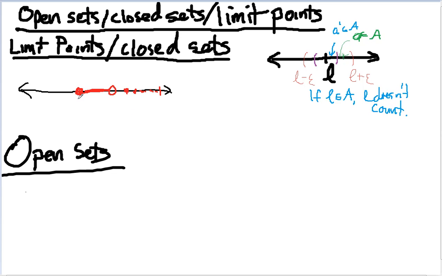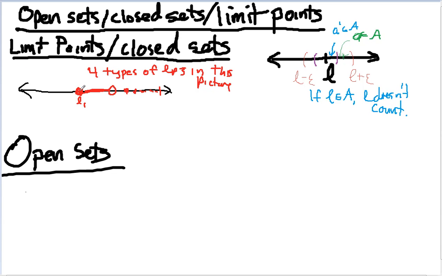In this picture, I would say there are four types of limit points. I'll write it down so I don't forget. Four types in this picture.